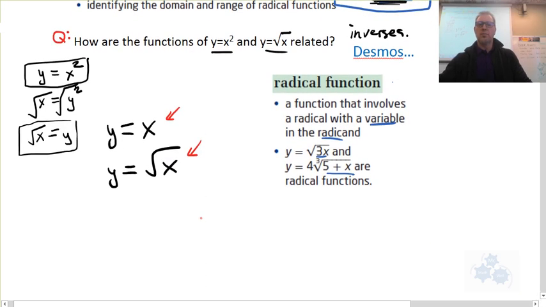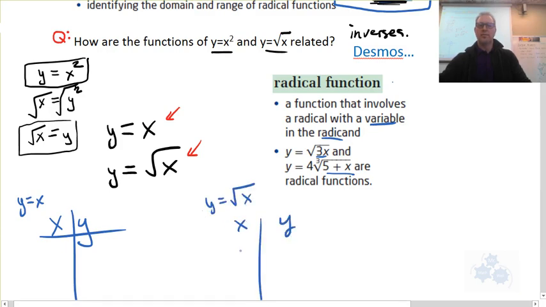So if we use the little table of values, let's just do that. x and y, a little table of values for y equals x, and a little table of values for y equals the square root of x. For y equals x, we know that we have 1, 1, 2, 2, etc. Over here, if I take 1, the square root of 1 is 1. So we just saw that 1, 1 is on both of these graphs.